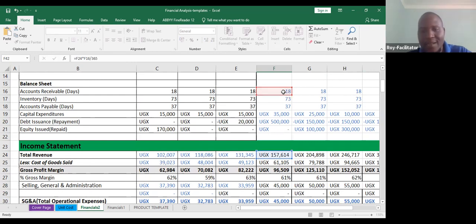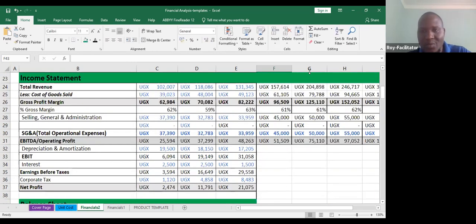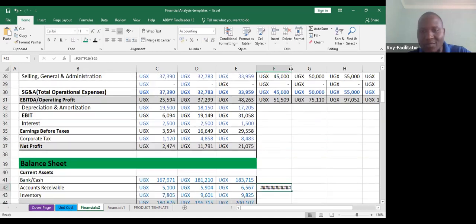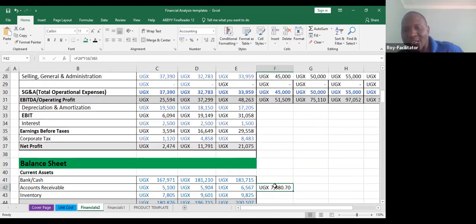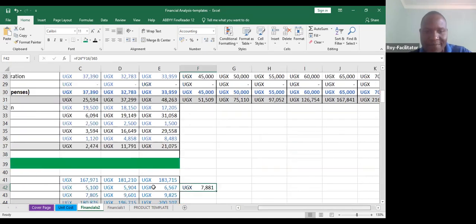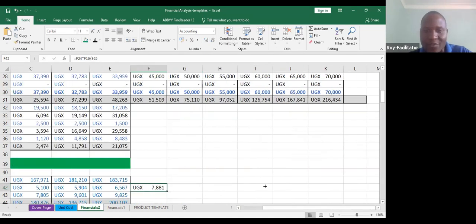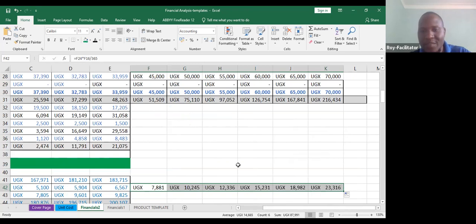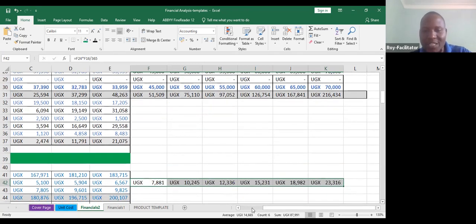And what figure will that give me? It gives me 78. I'll just remove the decimal, I don't want to work with decimals for now. You can work with decimals, that's still fine. So I'll extrapolate the same formula. That has already brought me my receivables for the rest of the projections.